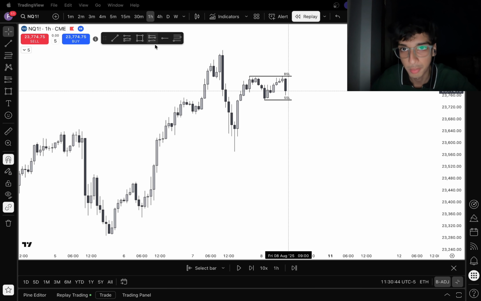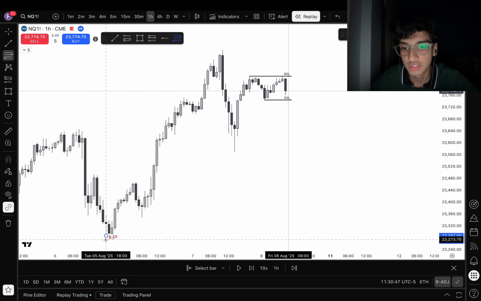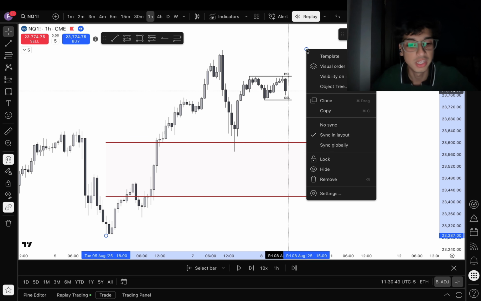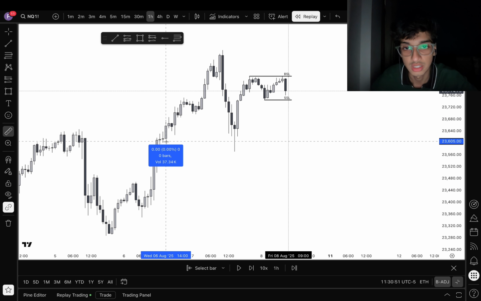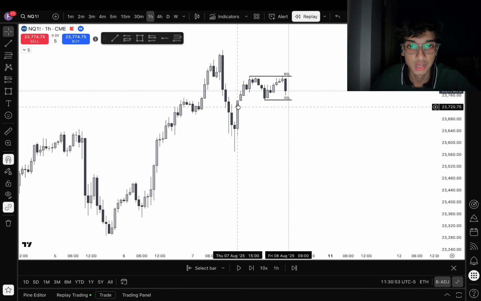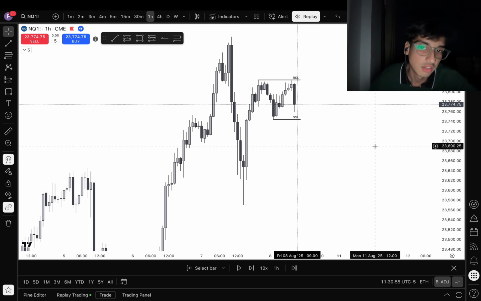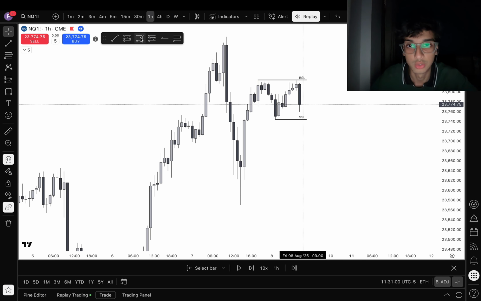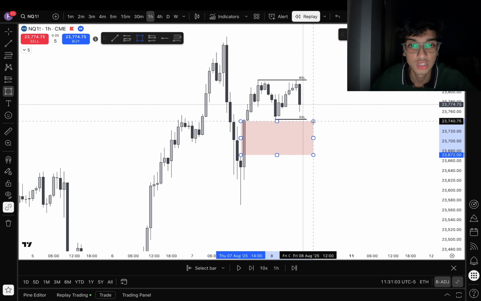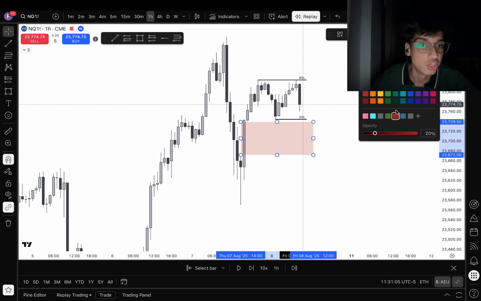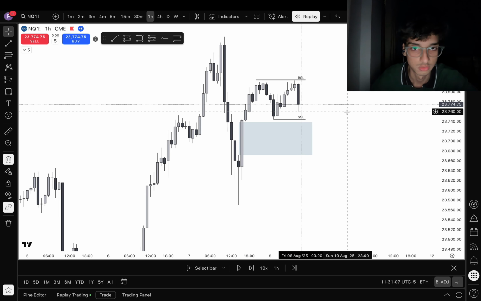Yesterday we just rebalanced back to equilibrium of this entire range, and after that immediately gave a nice push toward these highs. Okay, it ended up creating inefficiency, ran through bearish inefficiency right here. What I'm basically waiting for is price to rebalance back to this 1 hour unfilled inefficiency and give me the bullish confirmation. Then I'm looking for longs.